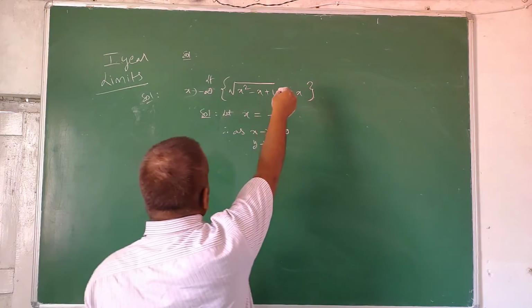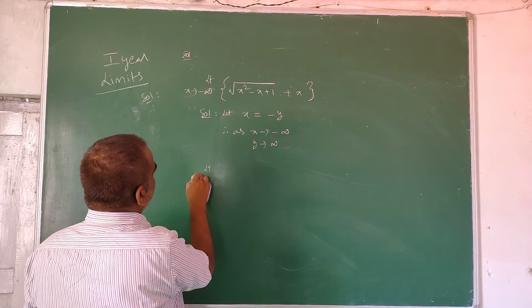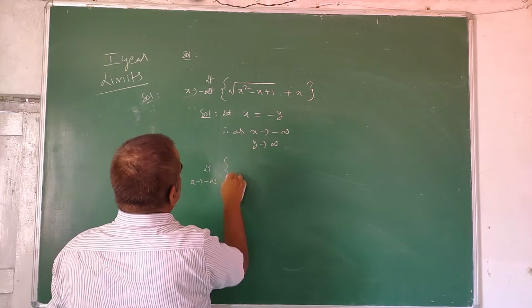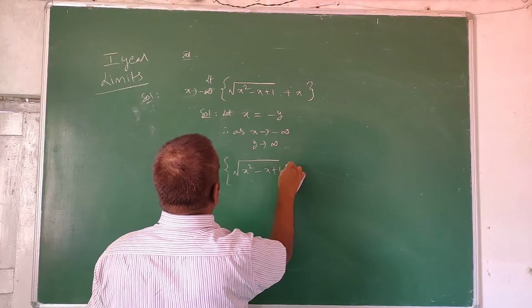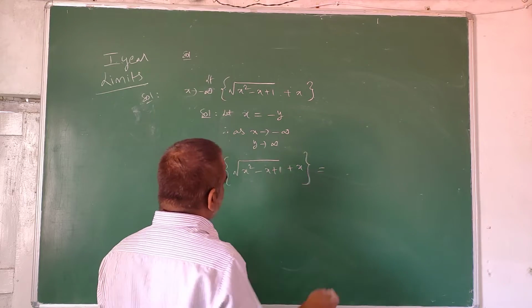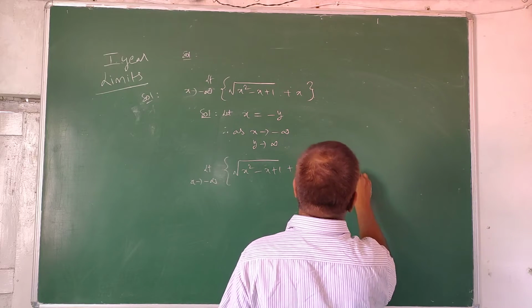Now if you take that given problem, limit x tends to minus infinity of root over (x square minus x plus 1) plus x, if you go for change of variable, then wherever x is there you have to put minus y.